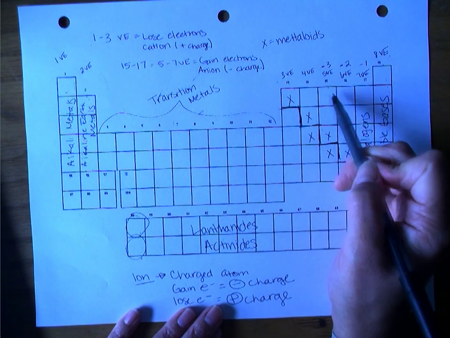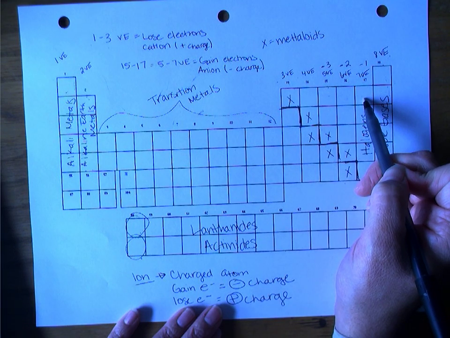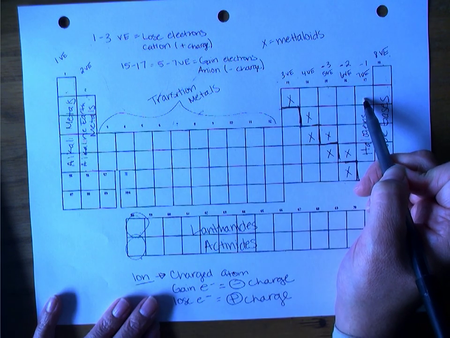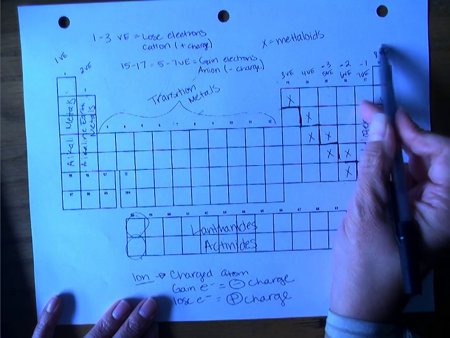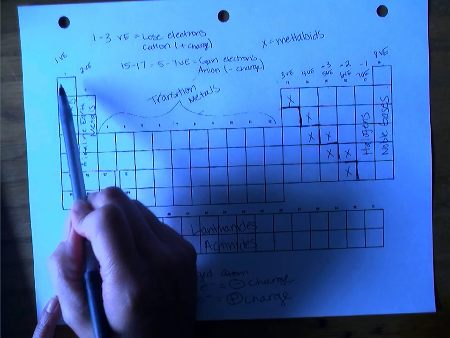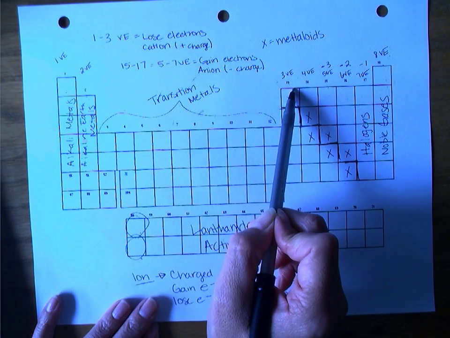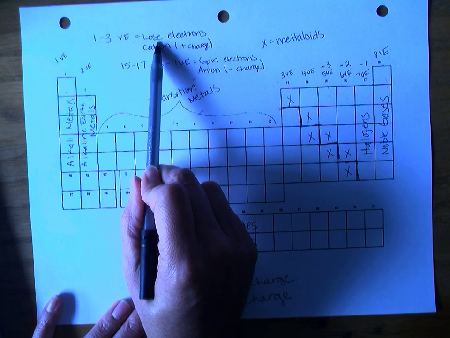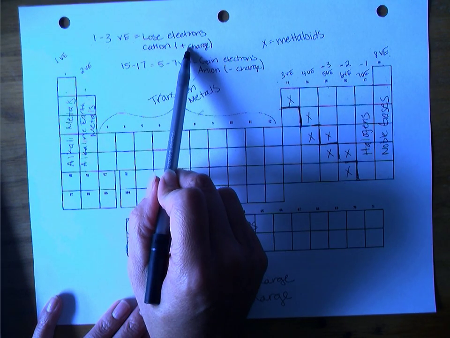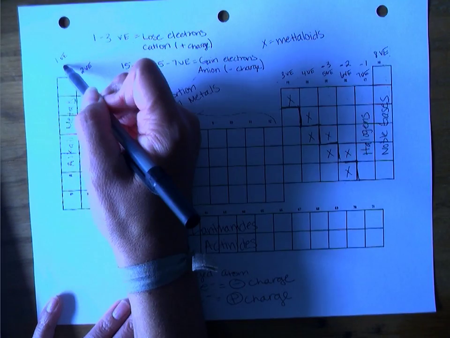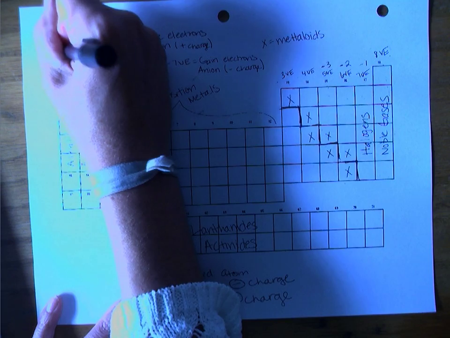So groups 15, 16, and 17 are going to gain electrons to become a negative ion, to become more like noble gases. And if I go back to the positive ions, or cations, groups 1, 2, and 13, like we said here, are all going to lose electrons to get a positive charge. If I lose 1 electron, I'm left with a positive 1 charge.